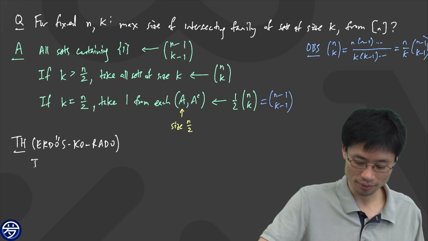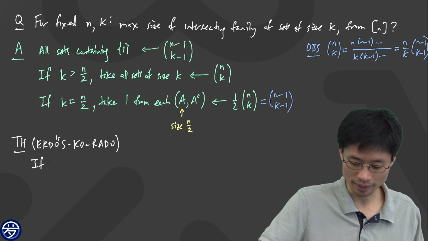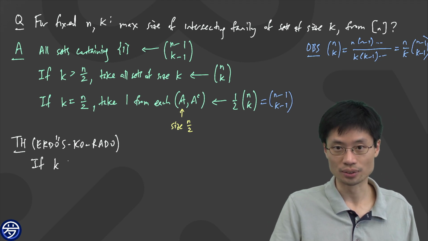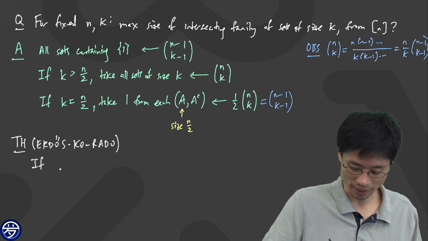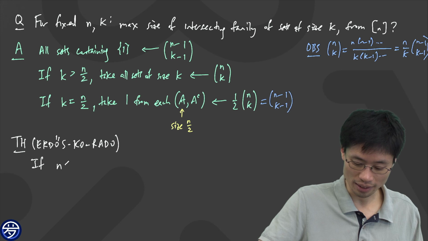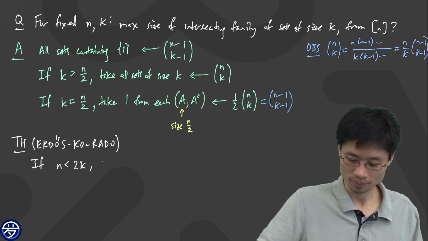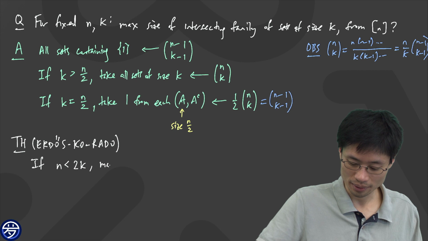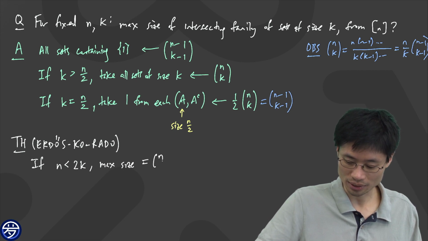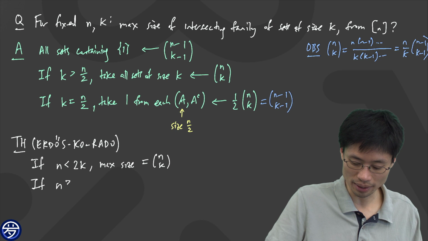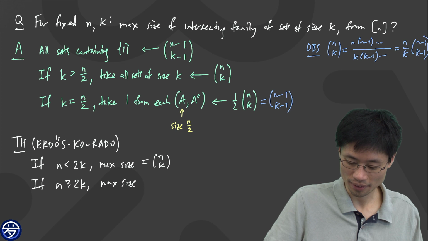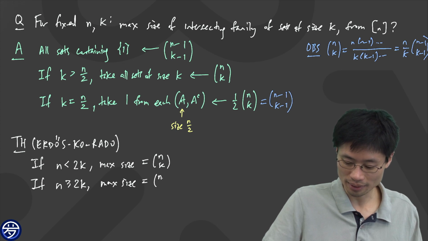If k is bigger than n over 2, I'm going to write that as 2k bigger than n, I'll flip that around, n less than 2k, the maximum size is equal to n choose k, and else, if n is bigger or equal to 2k, the maximum size is equal to n minus 1 choose k minus 1.